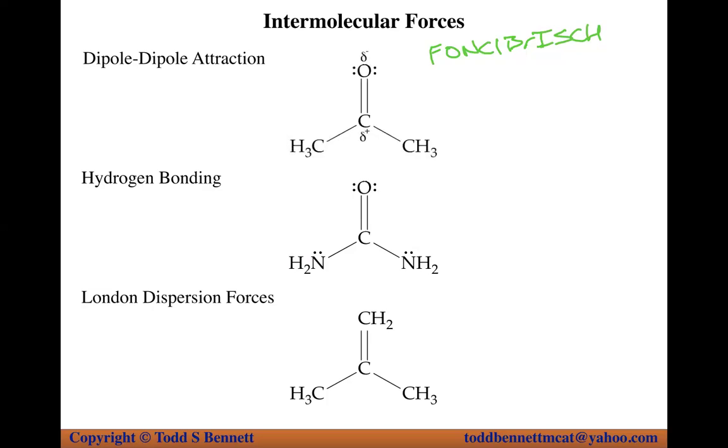Okay, so as mentioned, delta minus, delta plus because O is more electronegative. This one, delta minus, delta plus, but also you have delta minus and delta minus. So H's have delta pluses. So I'm going to show this molecule in more detail towards the end of this. It's a compound known as urea, very common in bio.